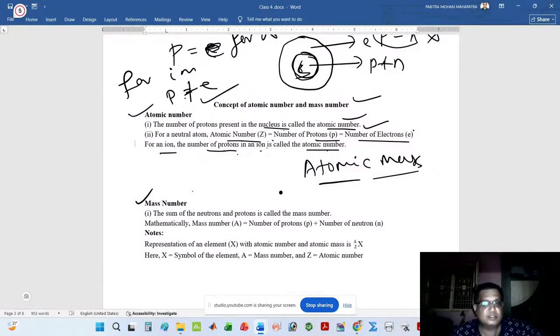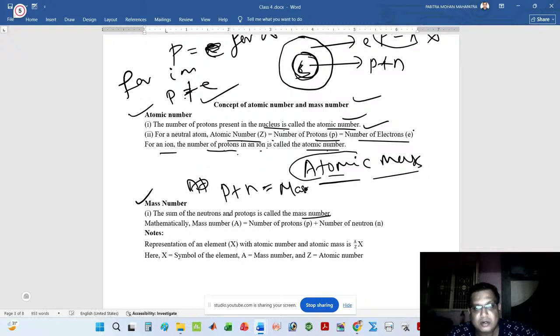The value sometimes may be the same, but not in all cases, because atomic mass and mass number are different. Here we can say that the sum of neutrons and protons is called mass number. That means P plus n is the mass number.